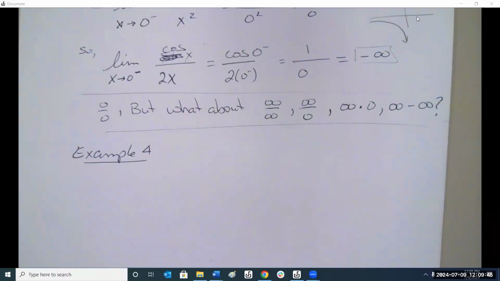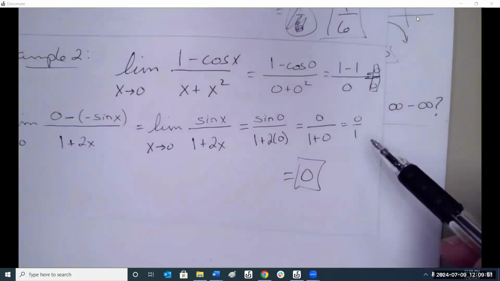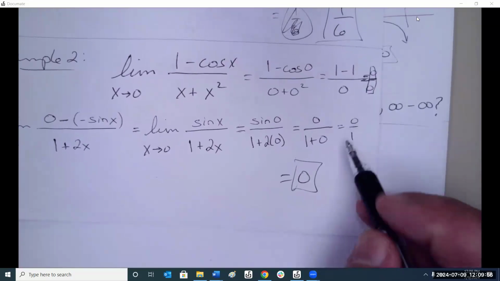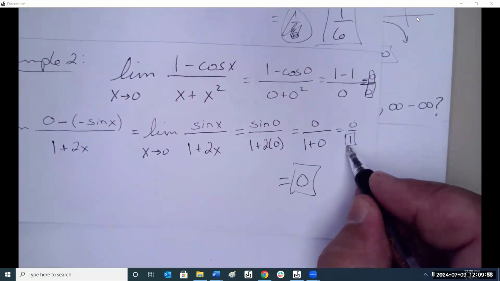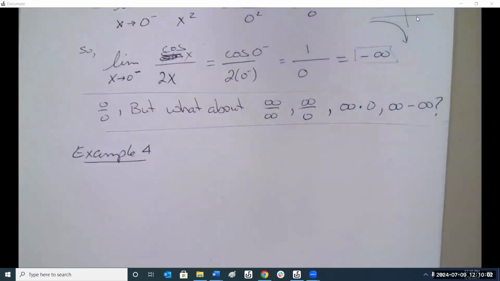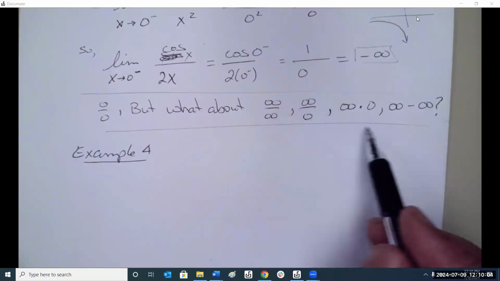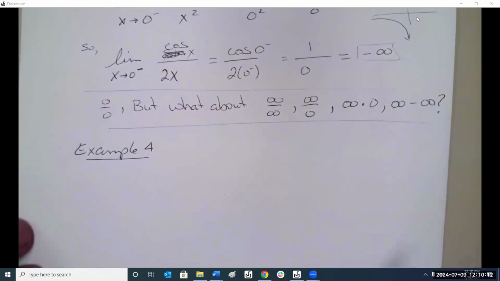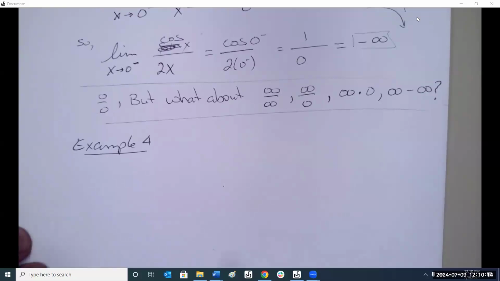The question you're going to ask is, well, why didn't we do that in example 2? Or was that example 2? Because this came to an integer, a countable number. We're looking specifically at infinity or zeros. If it's other than that, then we can use L'Hopital's rule. It doesn't exist. If it becomes a number, we're done with that.